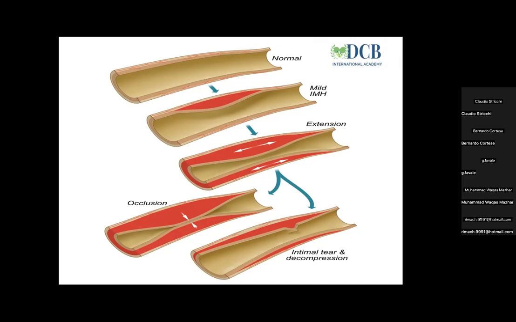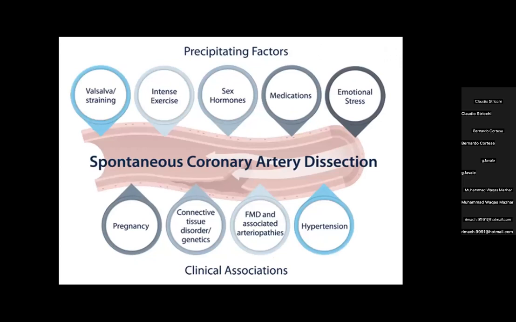Yeah, please go ahead. So what about precipitating risk factors of spontaneous coronary artery dissection? We have the Valsalva or straining that increases the pressure in the coronary artery and leads to dissection, intense exercise, sex hormones, medications, emotional stress, and pregnancy, especially in the first week postpartum, because of hormone levels that can vary in the last week of gestation.